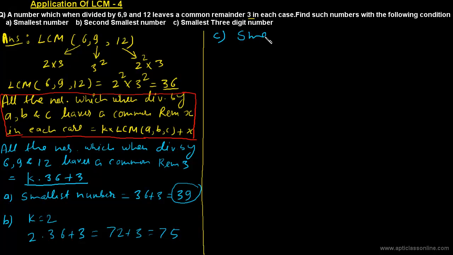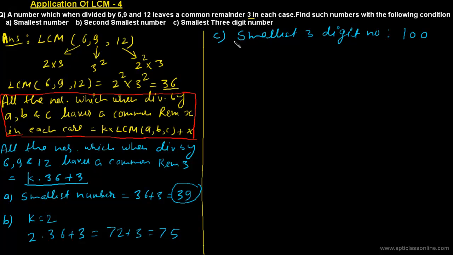Let's take question C: the smallest 3-digit number. Which one is the smallest 3-digit number without any condition? That is 100.